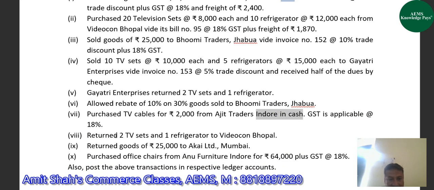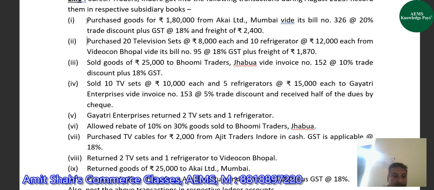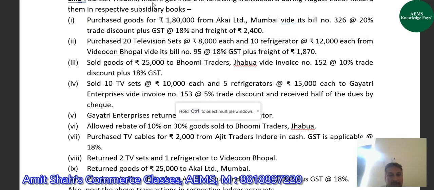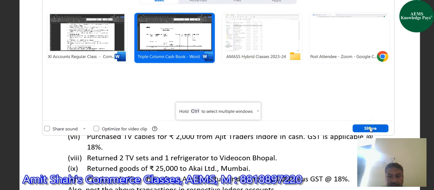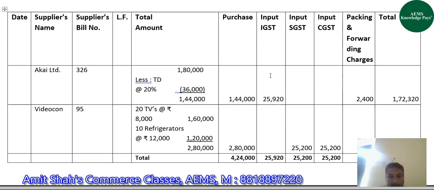This is purchase return, again purchase return, and then purchase of furniture. So which will go to the purchase book are only the first two transactions that we have already recorded. I hope guys you all have understood this. Why are others not going to the purchase book? Got this or not? All.